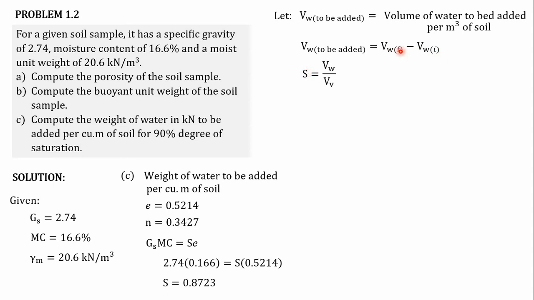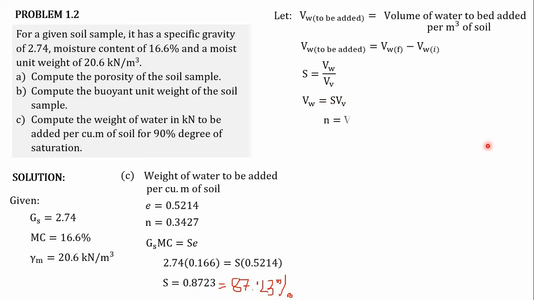Sa final, 90%, and the degree of saturation in initial, that is equivalent to 87.23%. Okay? Okay, so therefore, the volume of water is equal to S times VV.